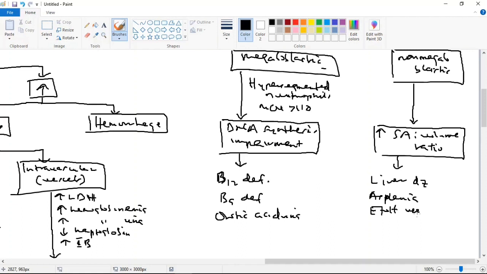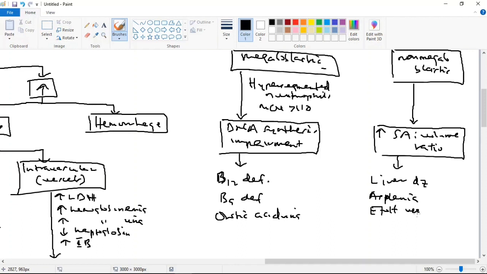B12 is from animal sources. B12 is also high yield for exams because it undergoes a complex but interesting absorption process in the gut, from the mouth all the way to the terminal ileum.